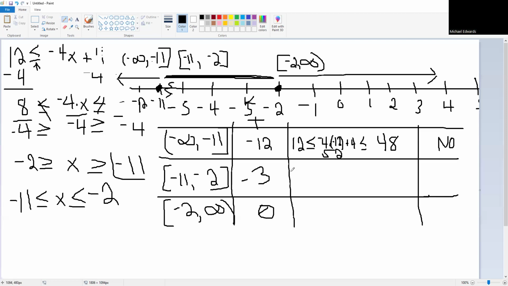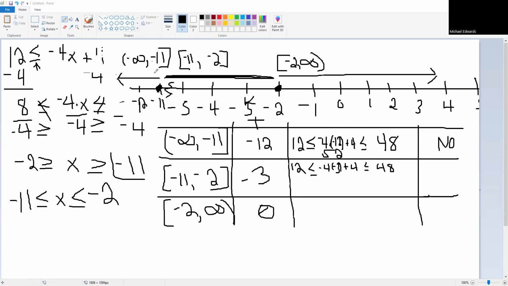This one, we'll write it as 12. Well, you know what? Let's do it this way. Maybe 12 less than or equal to negative 4 times negative 3 plus 4 less than or equal to 48. Now, negative 3 times negative 4.